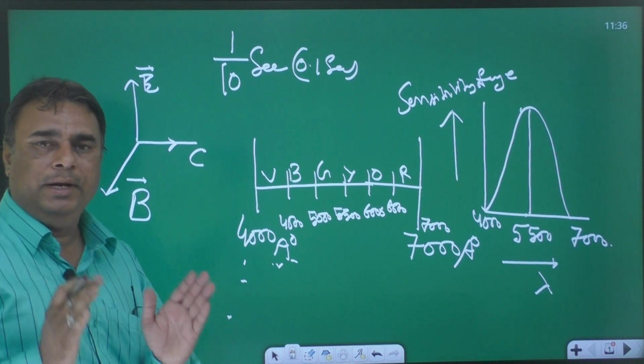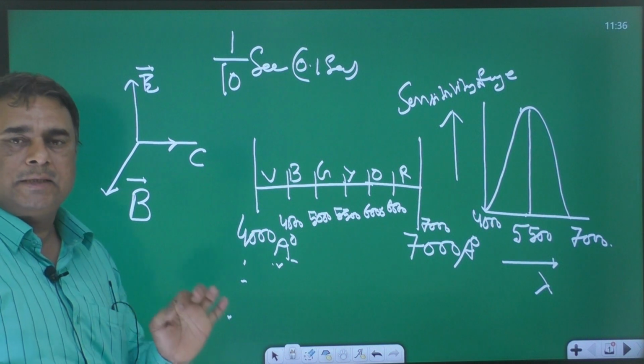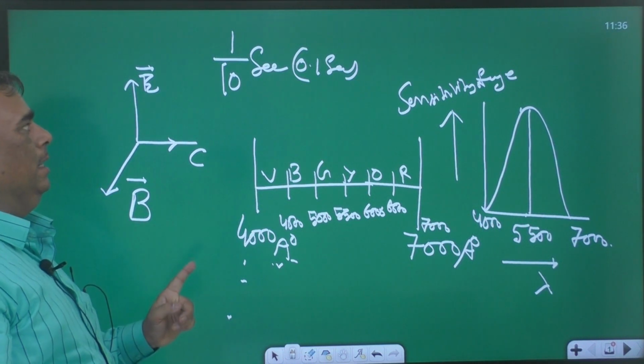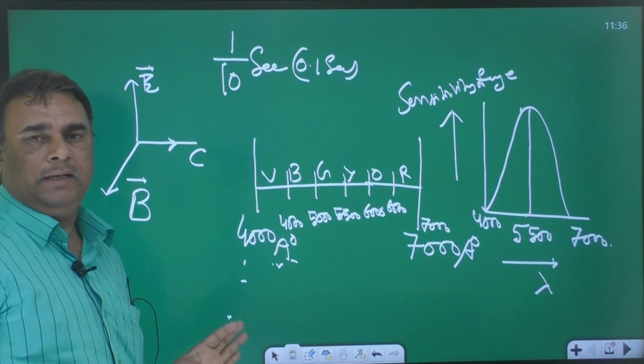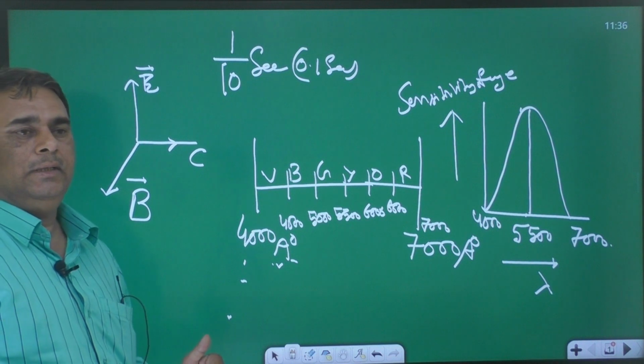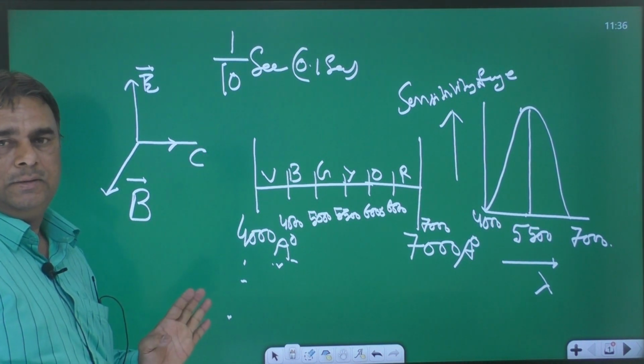If the time interval between two successive light pulses is less than 0.1 second, it means I cannot separate the two pulses.